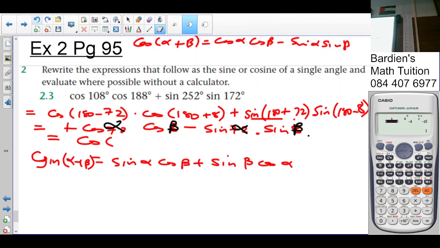So what is your alpha and beta in this case? 72 plus 8. And what's 72 plus 8? 80. So that answer is cos of 80. You guys understand? Any issues here? No.